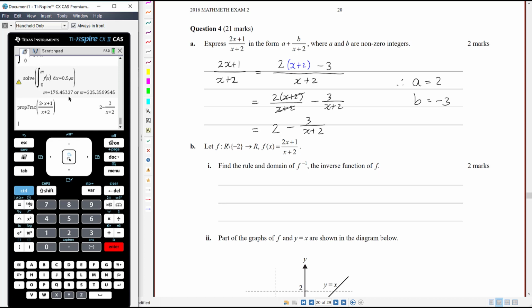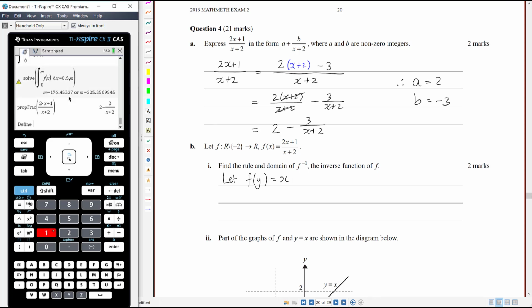Find the rule and domain of the inverse of f, f to the negative 1, the inverse of f. Okay, so we want to let f of y equal x, and we're going to solve that for y. Now I'm going to define a function here, menu 1, 1.